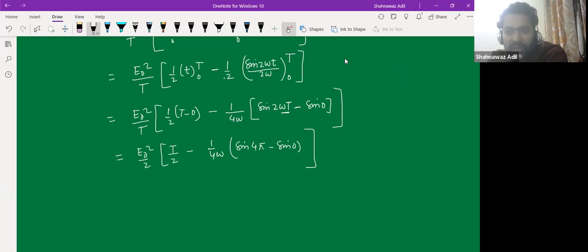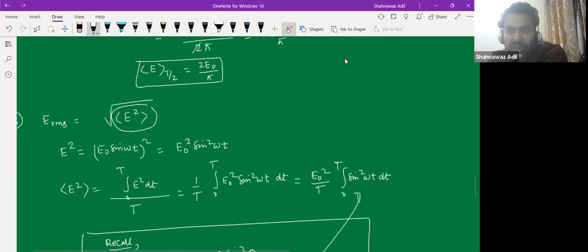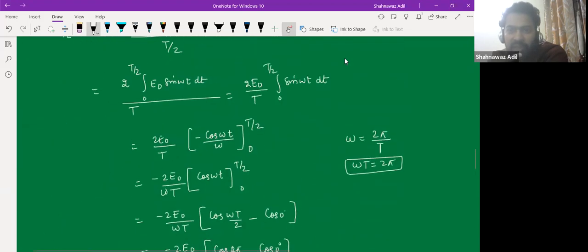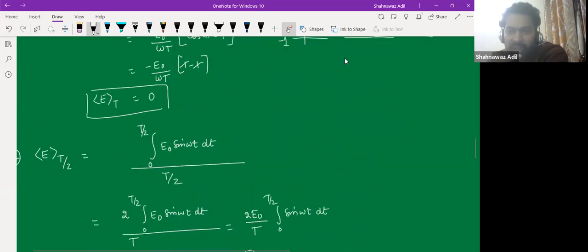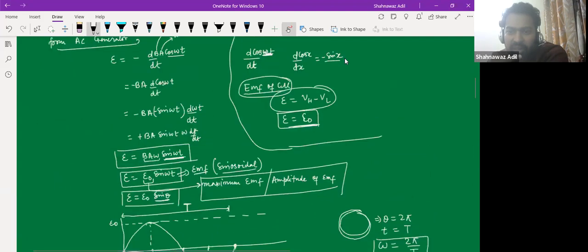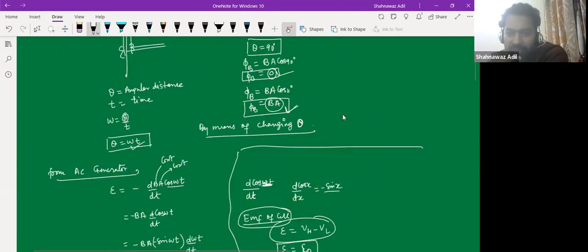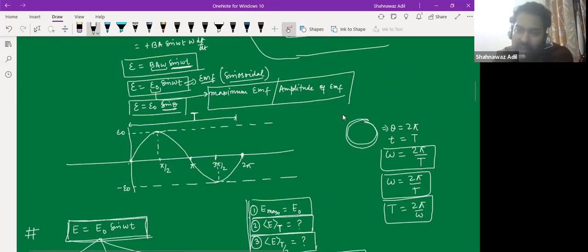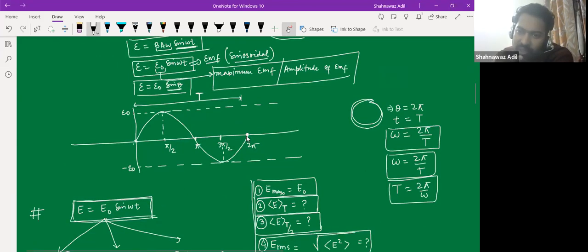If you remember the variation of the sine function, what would be sine of 4 pi? So this will again go down, and this will be the variation.